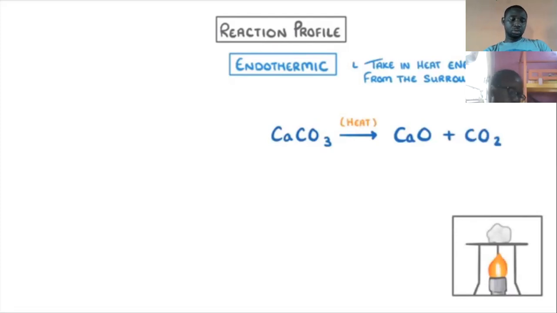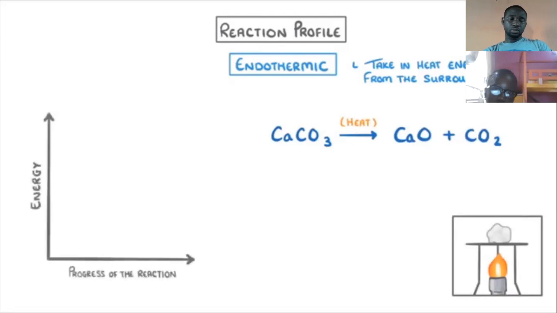If we drew a reaction profile for this reaction, the reactants would be on the left and the products on the right. But this time the products would be higher up because they have more energy than the reactants. We'd label this difference as the energy absorbed rather than the energy released.